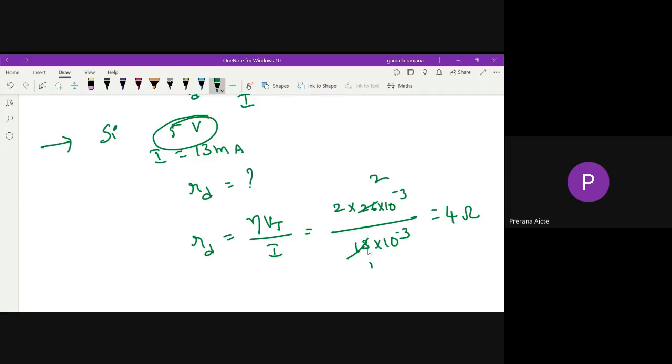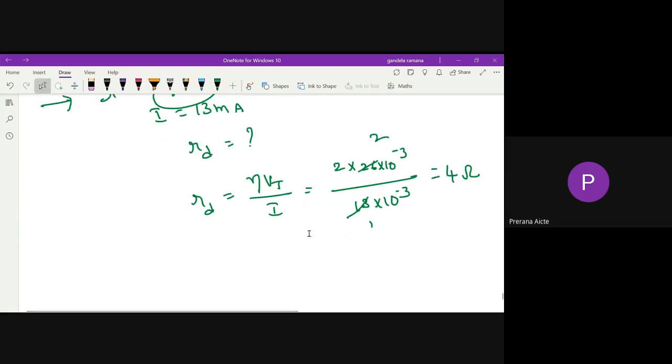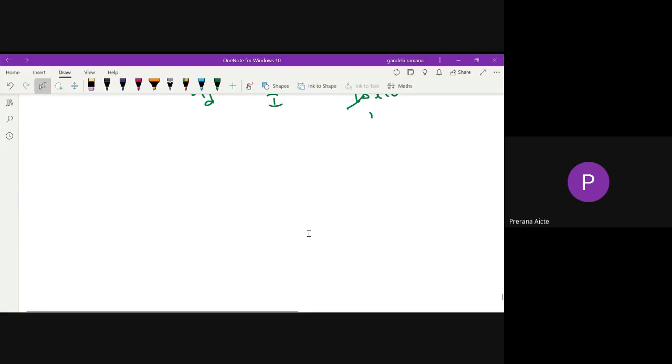Now we want to do some GATE related problems. See the problem.